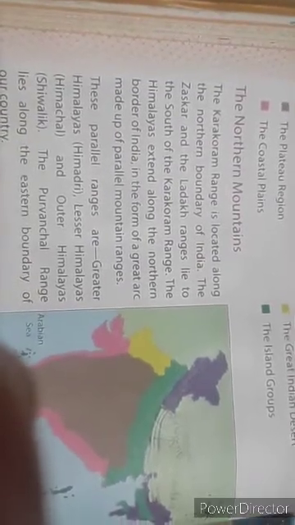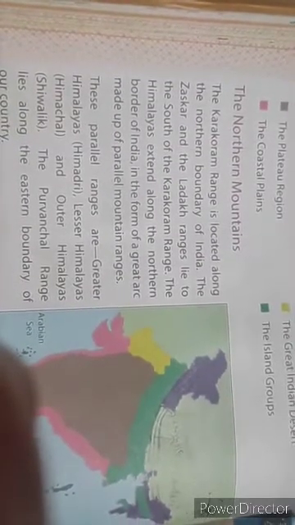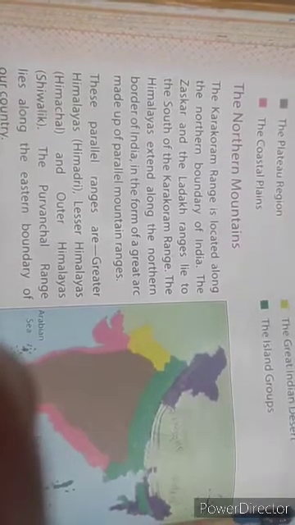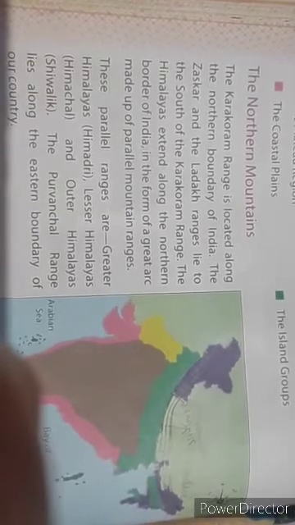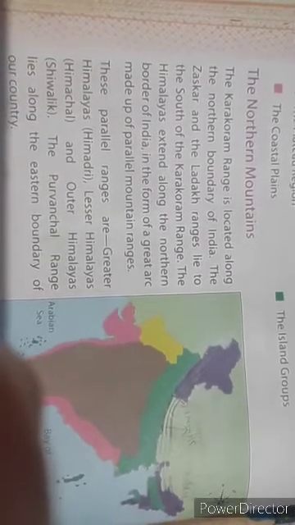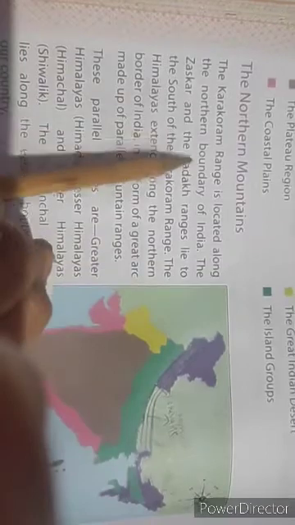The Jaskar and the Ladakh ranges lie to the south of the Karakoram range. The Himalayas extend along the northern border of India in the form of a great arc made up of parallel mountain ranges.